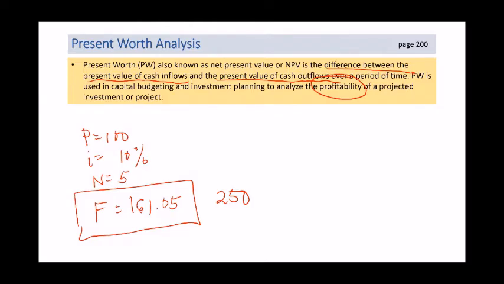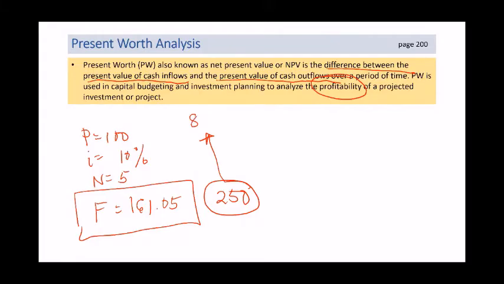Now, what is the present value of 250? Remember, we have actual dollars and we have constant dollars. Here, we are computing the actual P of 250. So compute for the P of 250. What is the actual P?